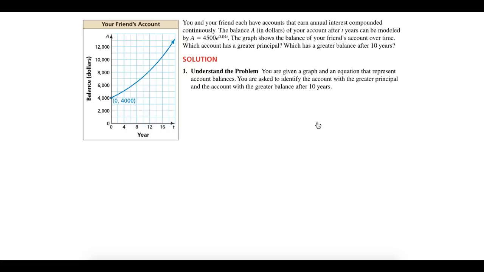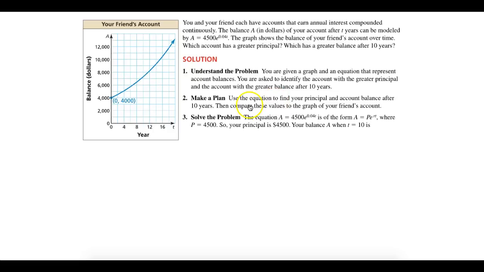We need to find the greater principal and the greater balance after 10 years. Then, looking at the graph and the points we have, we should be able to compare them. First, let's look at our equation.